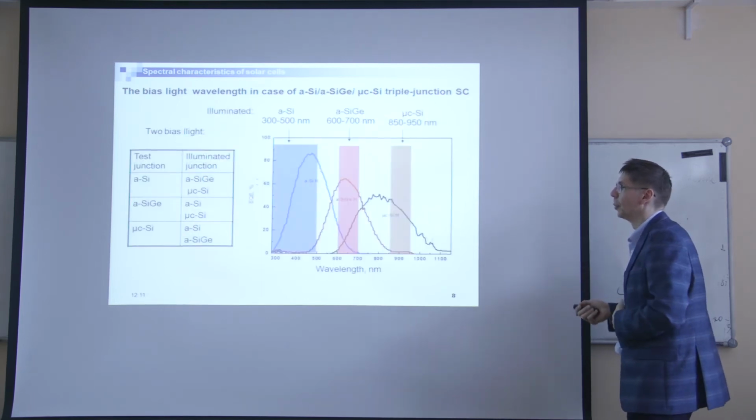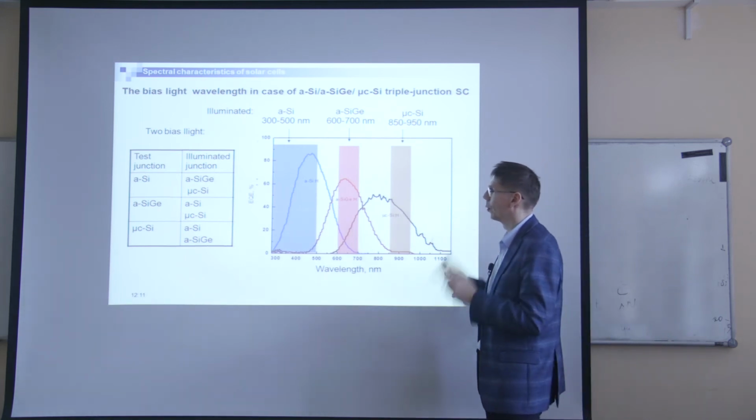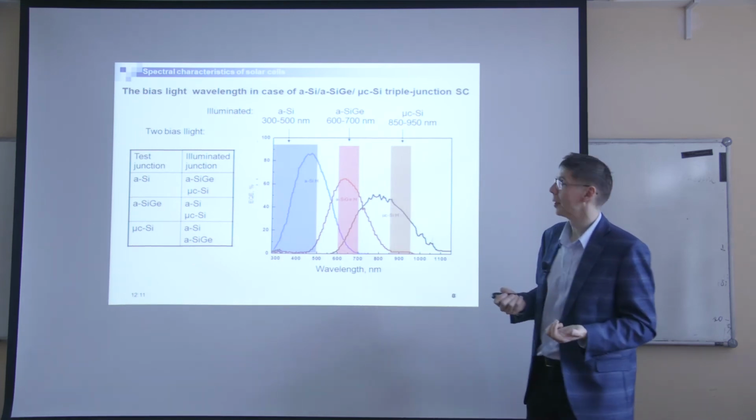Again, if you want to measure triple junction solar cells, you have to use two sources of bias light and one monochromatic light.